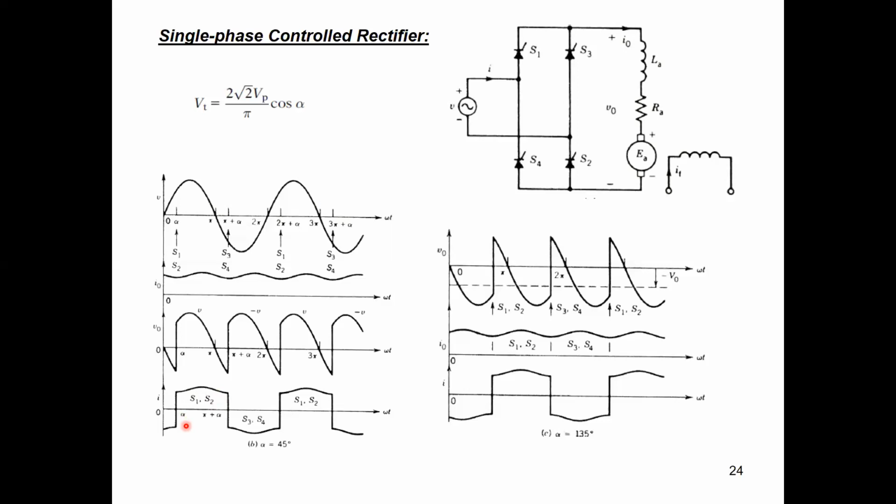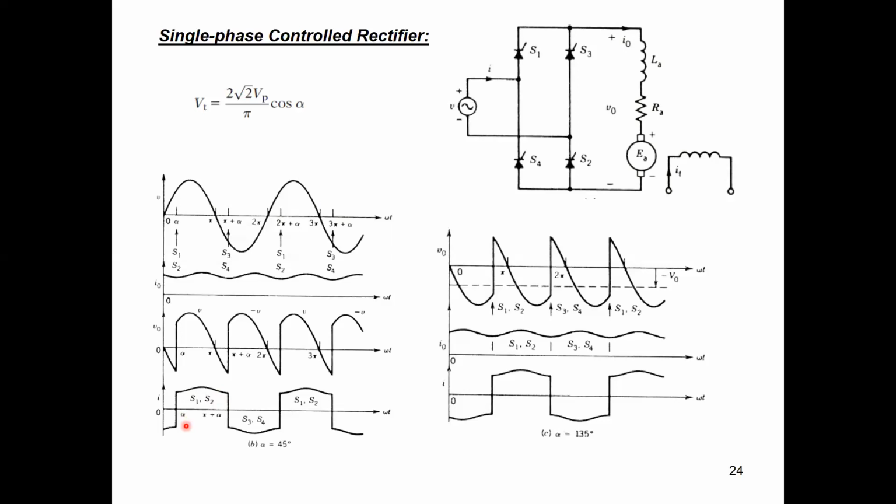So what is the condition for turning off a thyristor? The condition for turning off a thyristor is nothing but the current reaching zero, sometimes referred to as the latch current. If the current is reduced below the value of the latch current, the thyristor will be turned off.